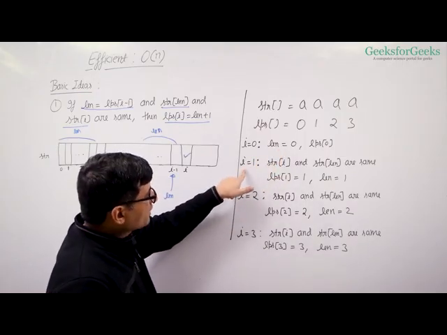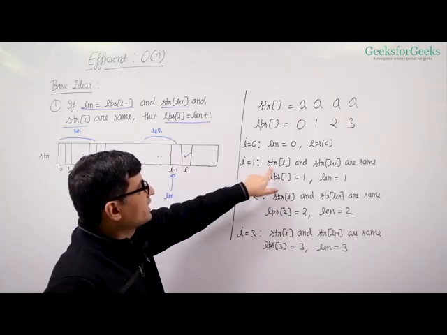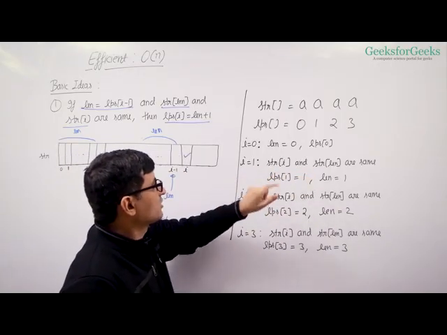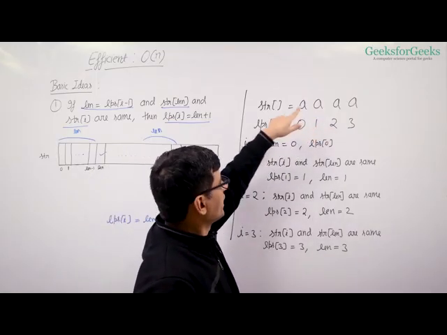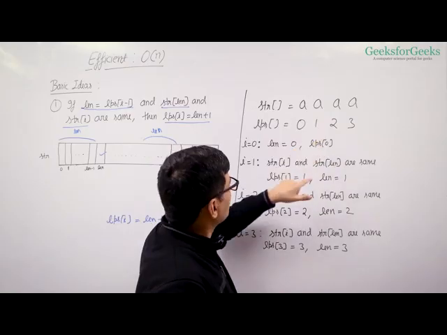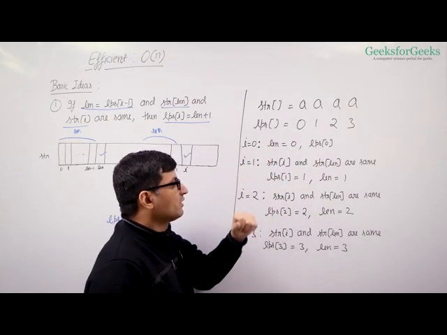Now for the second character, index I equal to 1, we simply compare str I and str length. So I is 1, so we compare str 1 with str 0, since length is 0. They are the same, so we do length plus 1 and assign it to LPS 1, which is 1.